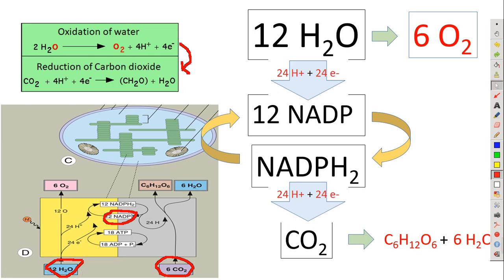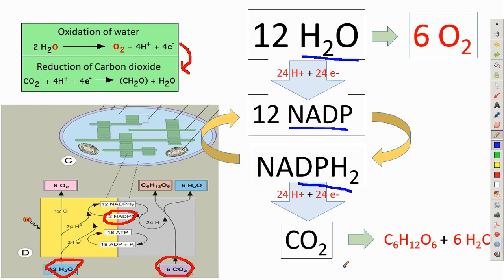So to recap all of this, some molecules will naturally give electrons away. This is the case of water. Some molecules will gain electrons. This is the case of NADP. NADPH will naturally give electrons away, and CO2 will naturally take electrons.